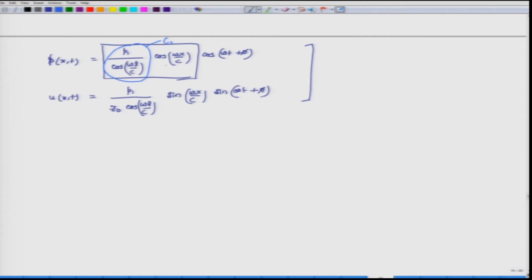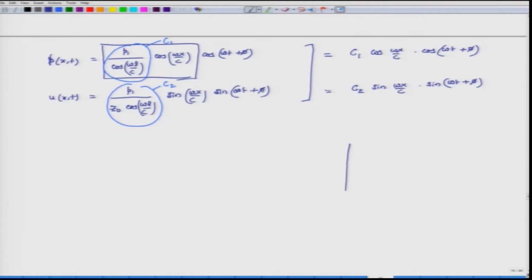So, this entire term is some constant C1. Similarly, this is another constant C2. So, I can rewrite these equations as C1 cosine omega x over C times cosine omega t plus phi, and C2 sine omega x over C times sine omega t plus phi.